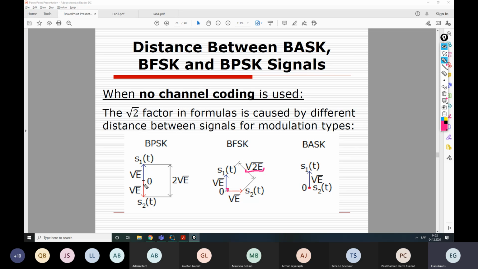So that would be this. And for phase shift keying, we have vectors in the opposite directions, right, with the same length. So that gives us double length of each vector.